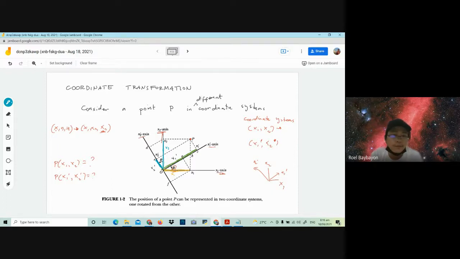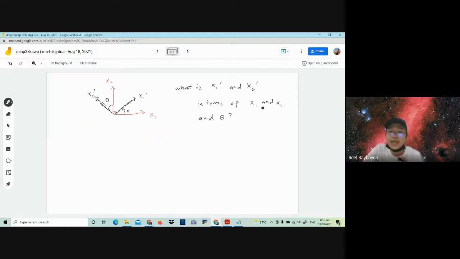You can get this length using SOHCAHTOA, then this length using SOHCAHTOA, then add them and you get x1 prime. Is that clear? I think you can solve this. So this is your first assignment: derive x1 prime and x2 prime in terms of x1, x2, and theta.